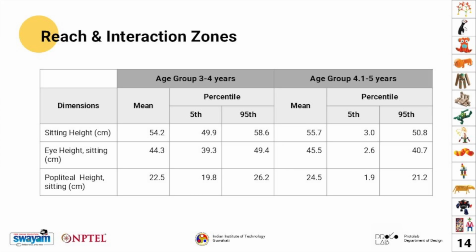This determines appropriate seat height. When toy tables or surfaces are mismatched, children compensate by bending forward or elevating shoulders. Poor posture sustained for 10 to 15 minutes leads to early fatigue. Physical ergonomics prevents these invisible postural stresses.